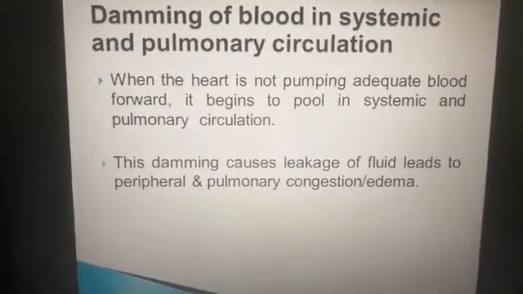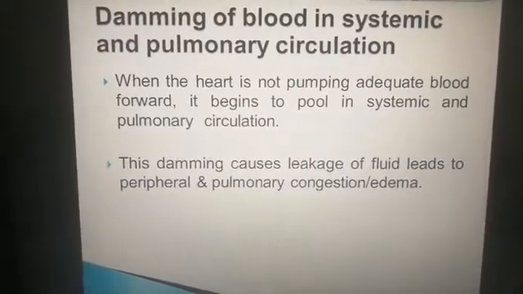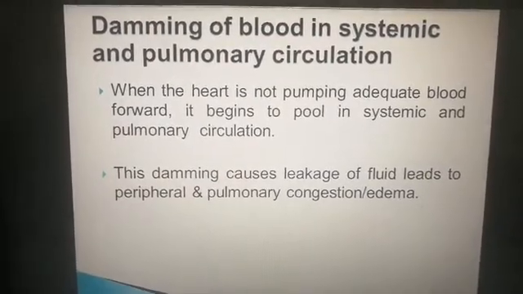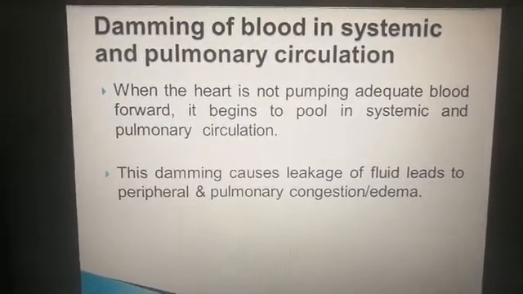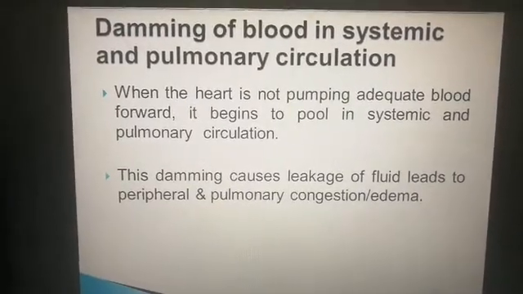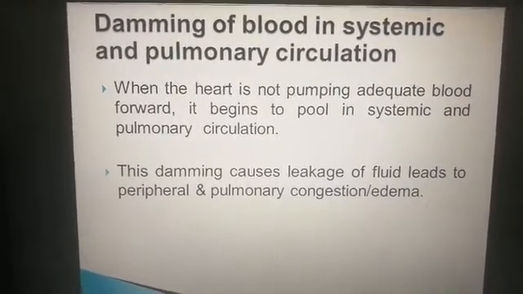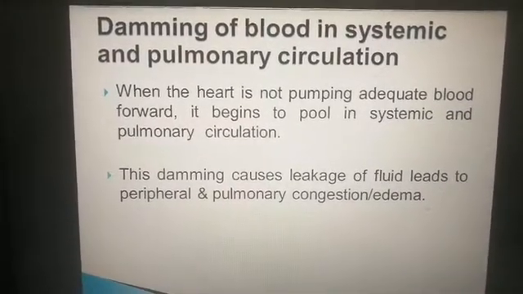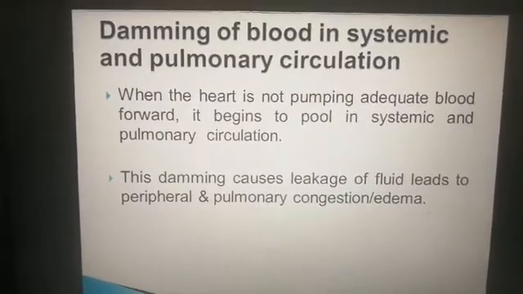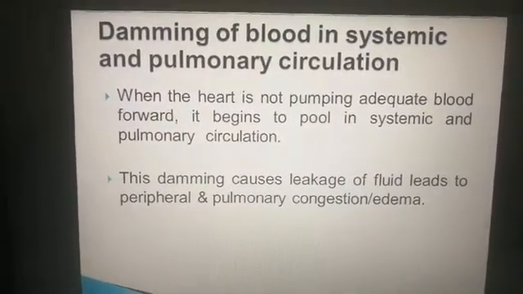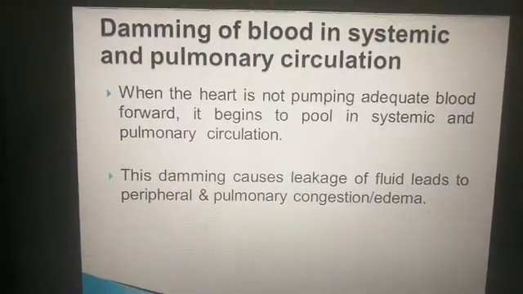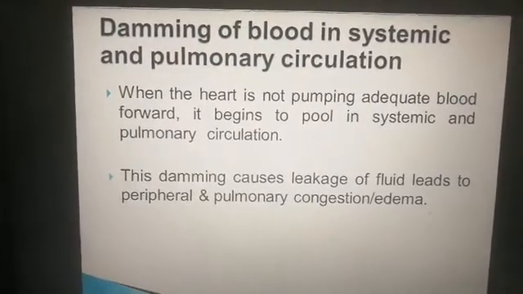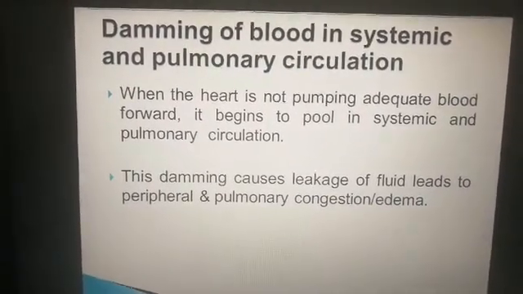Damming of blood in systemic and pulmonary circulation. When the heart is not pumping adequate blood forward, it begins to pool in systemic and pulmonary circulation. In case of right heart failure, there is systemic pooling, and in case of left heart failure, or when there is improper functioning of the left side of the heart, there is pulmonary edema. So both types of edema can occur, and this damming causes leakage of fluid, leading to peripheral and pulmonary congestion or edema.